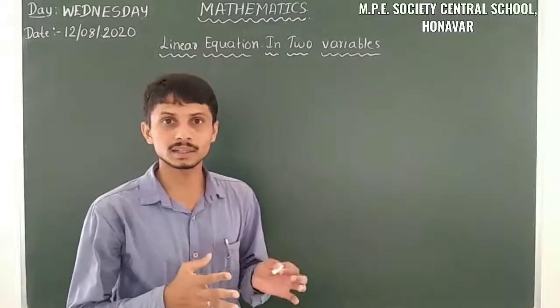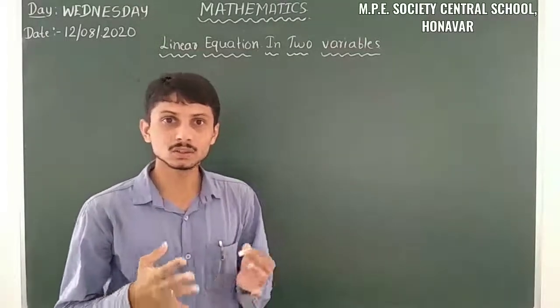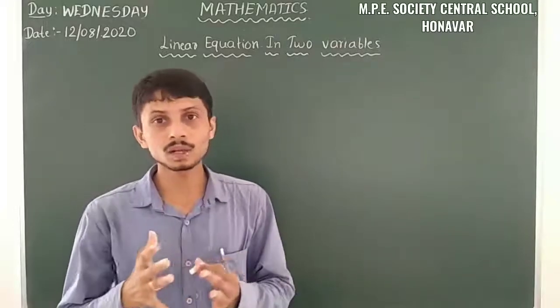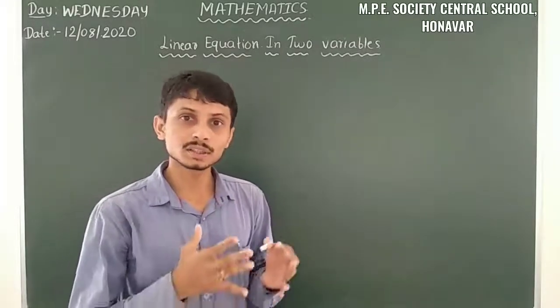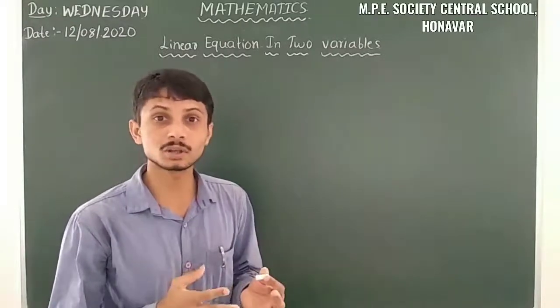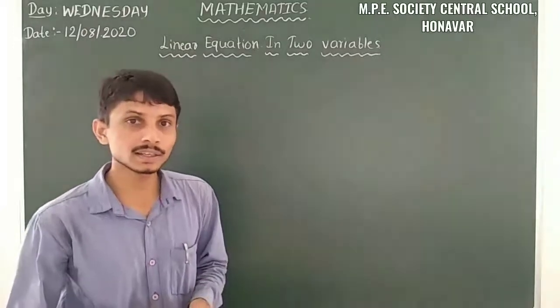When we take 2x, in any polynomial we have a variable and a constant. In 2x, 2 is the constant and x is the variable, and 2 is also called the coefficient of x.